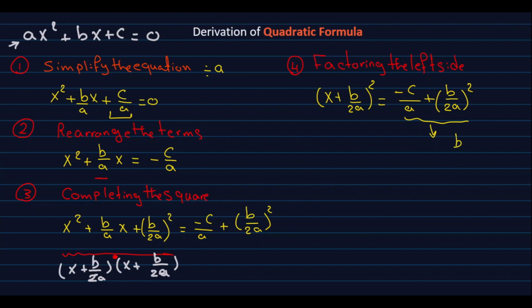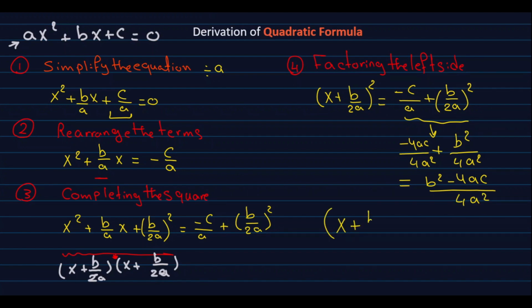From here, we have b squared over 4a squared, and for the other fraction, we multiply it by 4a up and down. So we have negative 4ac over 4a squared, and that leads us to b squared minus 4ac over 4a squared. So we can rewrite it now as x plus b over 2a, all of this squared, equal to b squared minus 4ac over 4a squared.